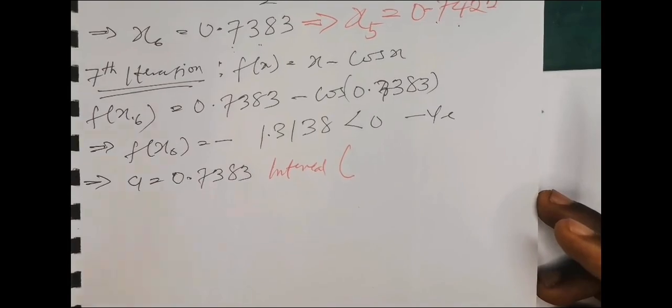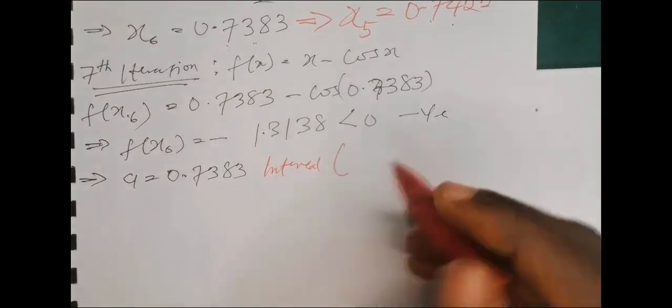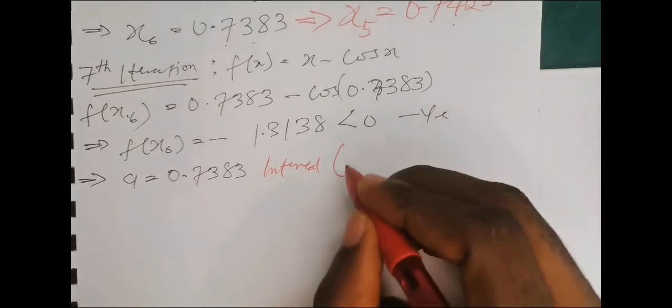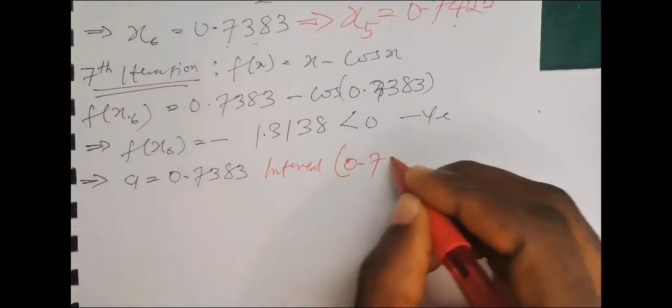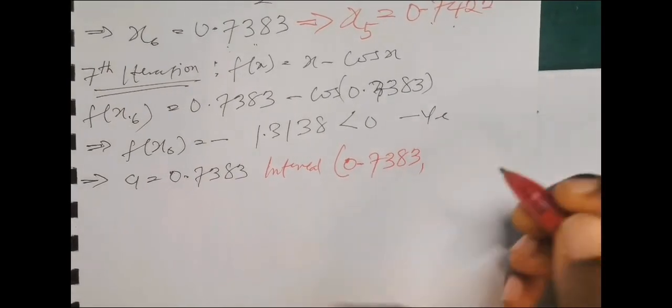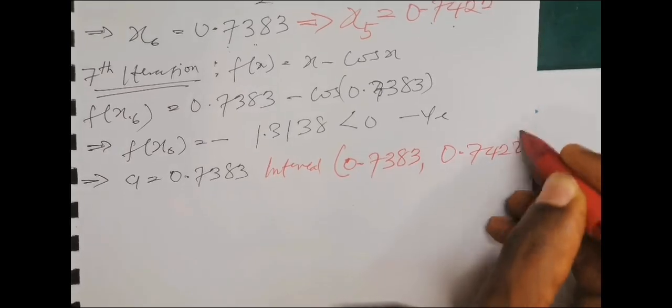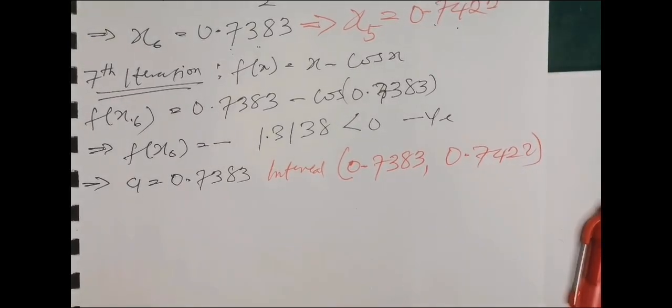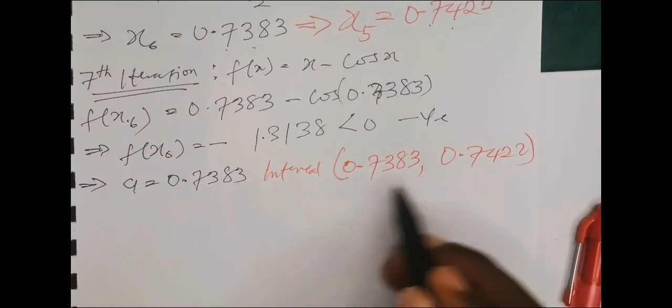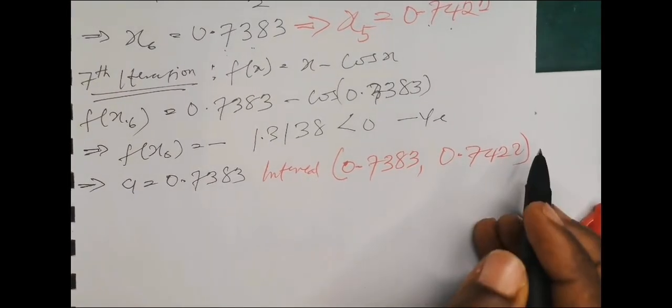So we switch a now. a has a new value, which is 0.7383, and b is 0.7422. This is our new interval. This simply means the root of the equation now lies between this interval.